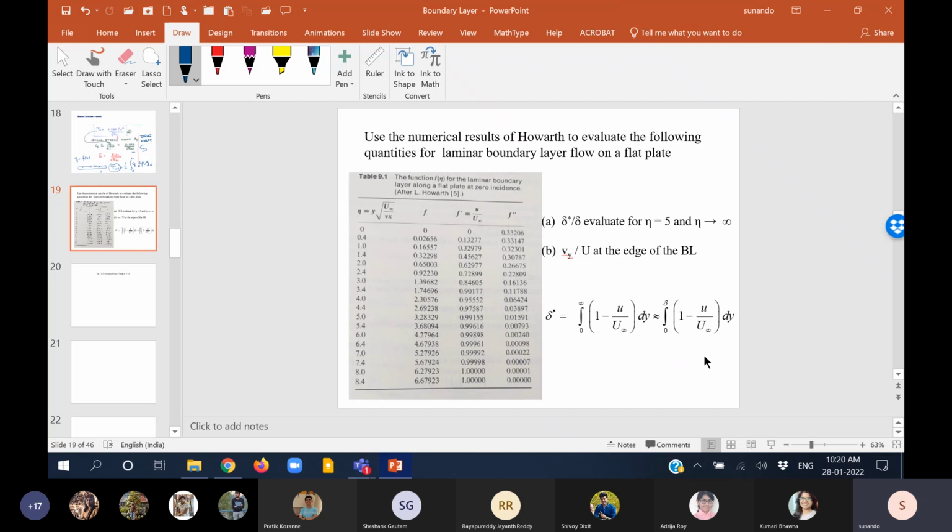So that's the definition of delta star. And of course, you have to use the definition of eta, where eta is simply y root over u by nu x, where nu is the kinematic viscosity and x is the actual distance.